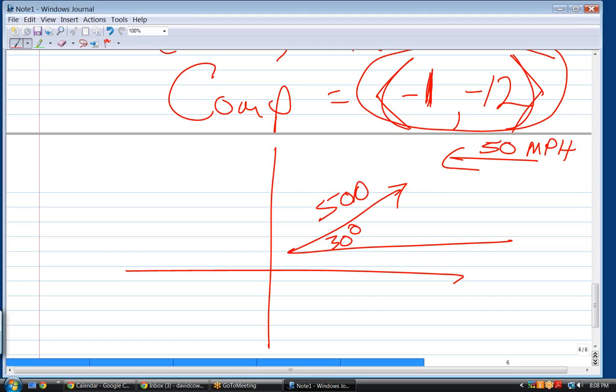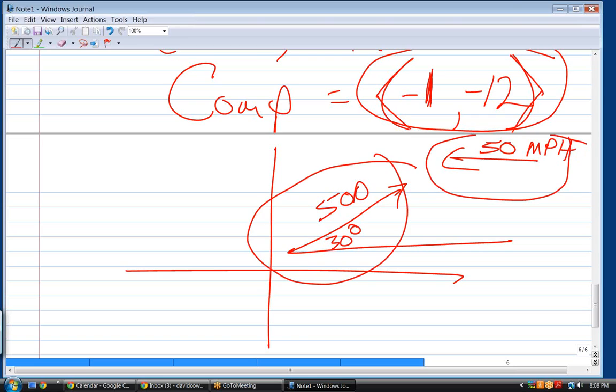When you add this 500 mile per hour vector to this 50 mile per hour vector, you get a resultant vector. I'm sure that you've been through adding vectors and subtracting vectors. That's always where they start with vectors, and that's easy enough to do.